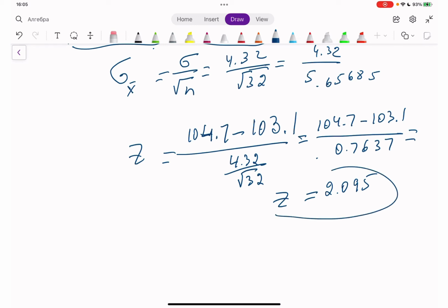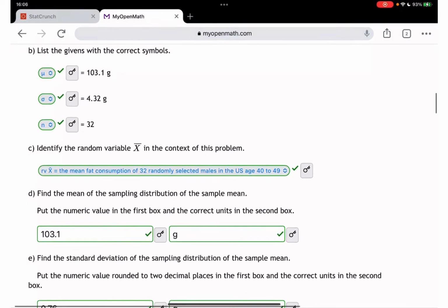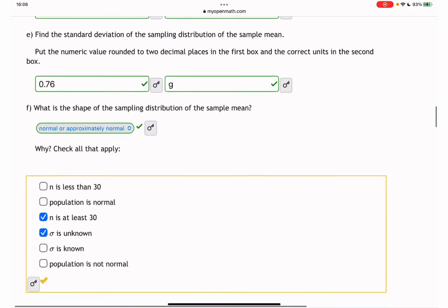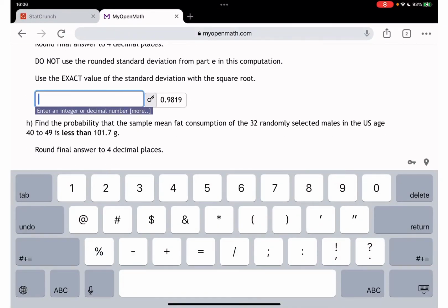So if you do it, the probability of z-score equal 2.095 is going to be 0.9819.